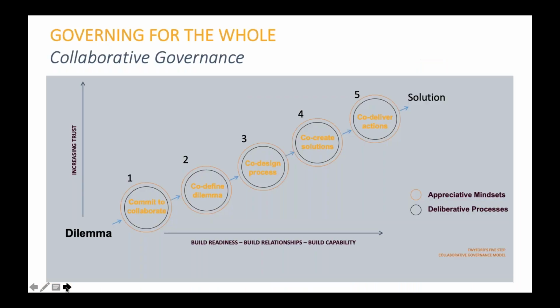Another piece that I think is key to deep democracy when we do our work, and this is a tool that I actually learned from my time at EcoDistricts, is this collaborative governance model that's really lifted up by Twyford's. It's a governance structure that brings us together using a tool like the Declaration of Cooperation, which engages cross-sector stakeholders in a commitment to collaborate, and then moves them together through a process to identify the problem, lift up the solutions, and then implement that project together.